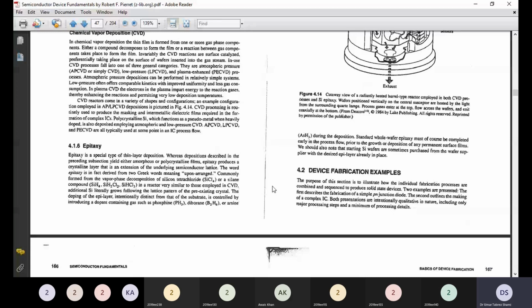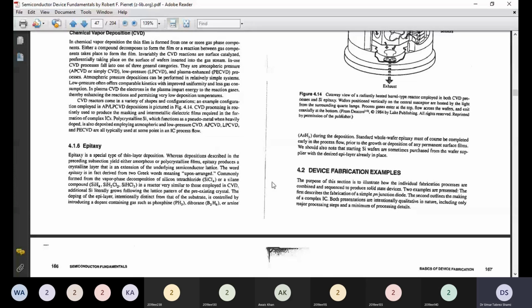Now we come to Article 4.16, the epitaxy. Epitaxy is a special type of thin layer deposition, whereas the depositions described in the preceding subsection give either amorphous or crystalline films. Epitaxy produces a crystalline layer that is an extension of the underlying semiconductor lattice.